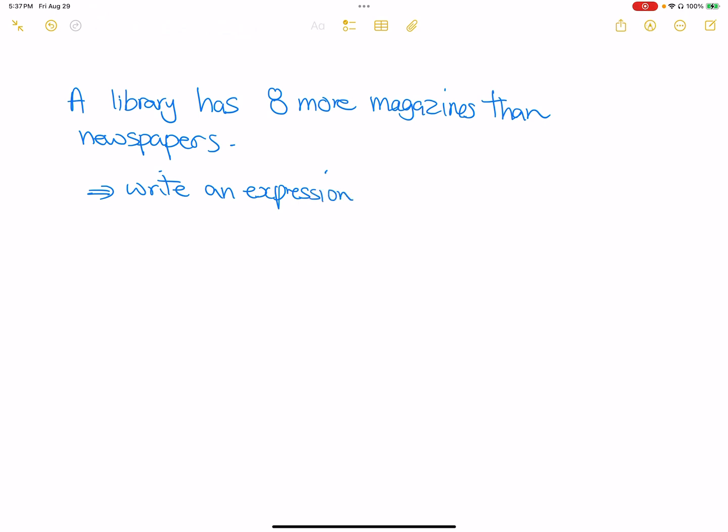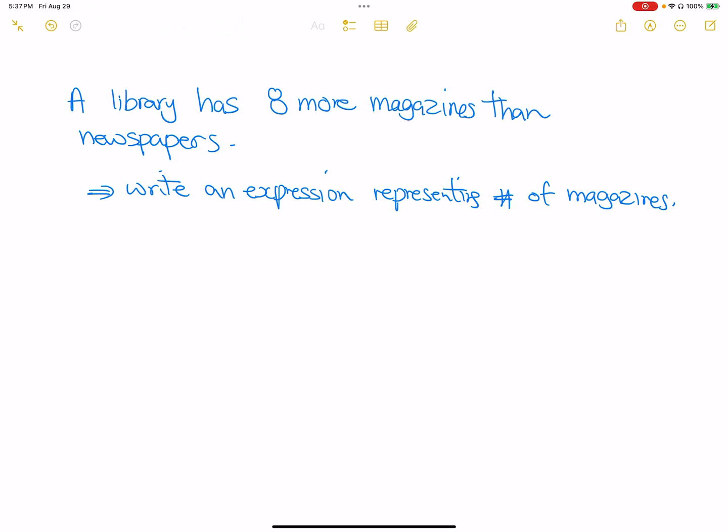representing, let's say, the number of magazines. So what does that mean?